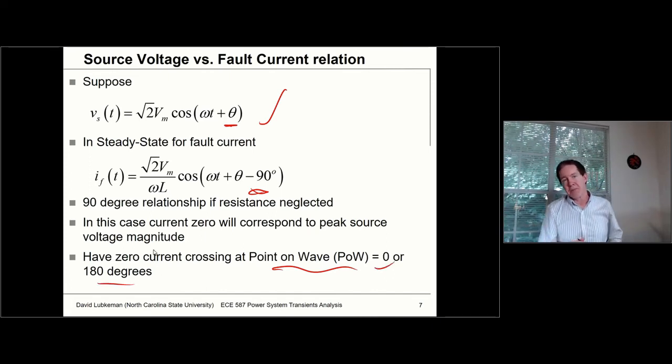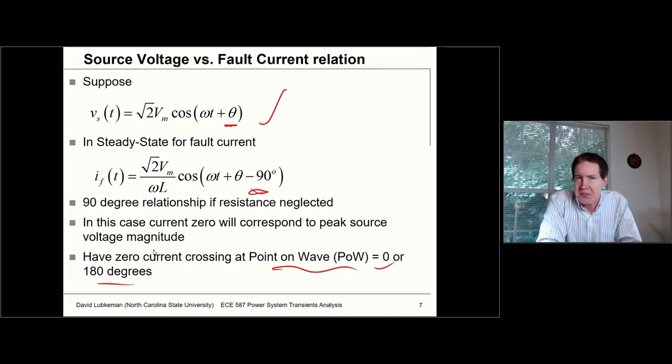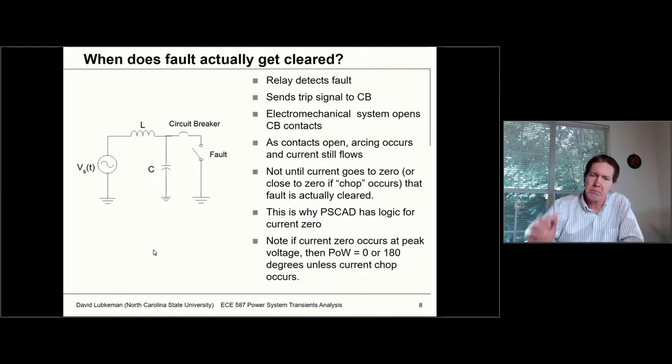Given that we're primarily interested in getting a peak stress, we're not so concerned whether that's a positive or negative value, because generally these solutions tend to be symmetrical. So we're just trying to get a peak stress, and this is why I don't concern myself with point on wave: if I have an inductive circuit, I can just assume that the point on wave was equal to 0 or 180 degrees in this case.